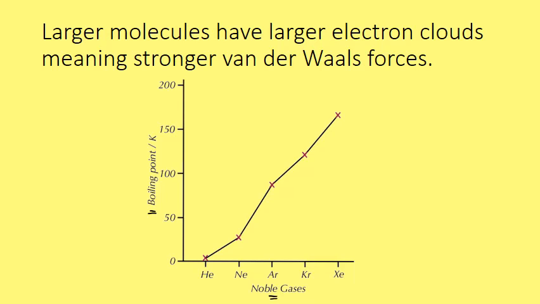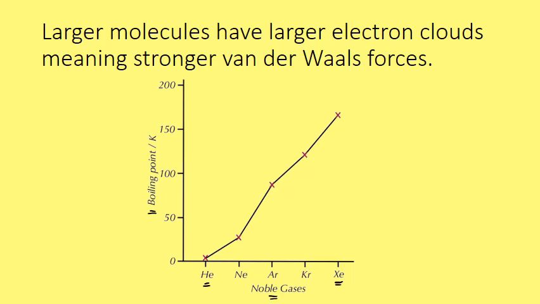And we're making a point that larger electron clouds have stronger van der Waals forces. And if that were true, then we would see that a larger atom, such as xenon, would have stronger van der Waals forces, hence higher boiling points, than a much smaller charged cloud, such as happens with helium. And that is what we see when we look at the graph.